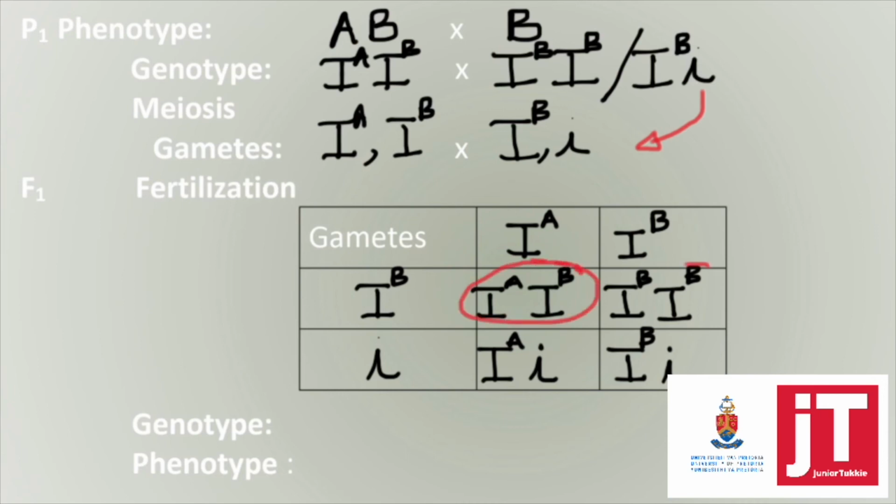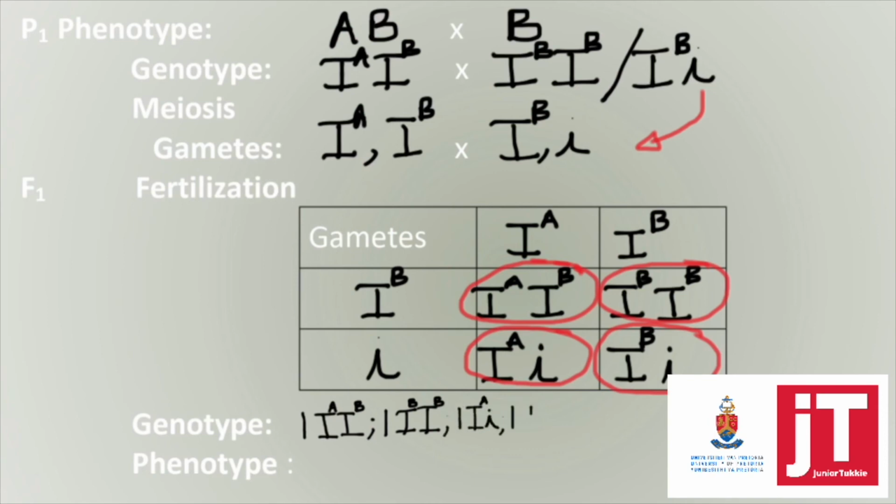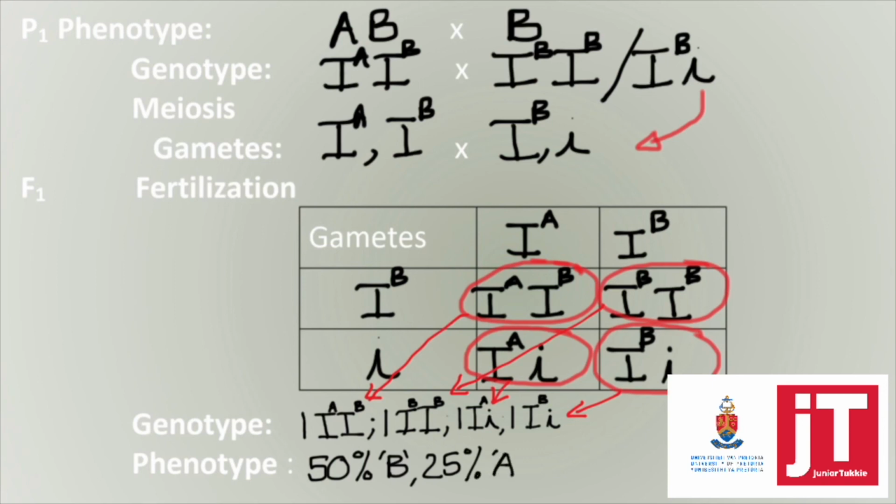Here we'll see that there are 4 different types of genotypic pairings, and let's have a look at what they look like. We have one heterozygous AB that would result in the phenotypic expression AB. We have one homozygous blood group B, one heterozygous blood group A and one heterozygous blood group B when it comes to the genotypic combinations, and this gives us the percentage chance for the offspring having the different phenotypic blood groups.